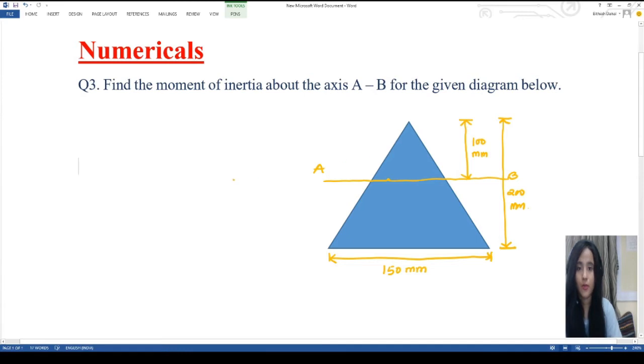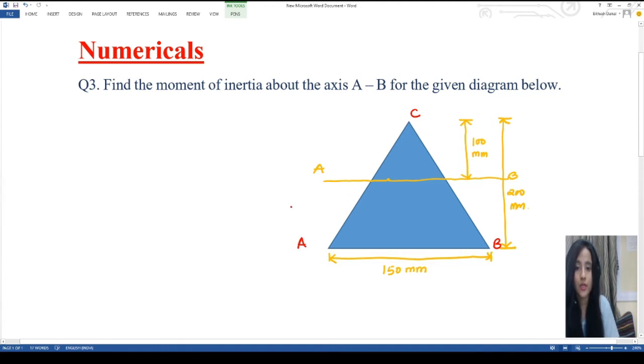Let's solve the third numerical. The third numerical states that find the moment of inertia about the axis AB for the given diagram below. So this is the diagram here, and let us name this triangle as A, B and C, right? Now we are asked to find moment of inertia about this axis AB.